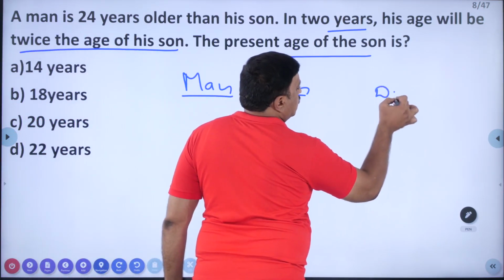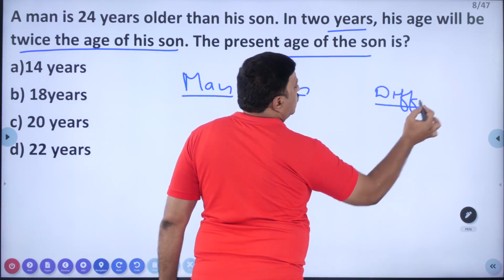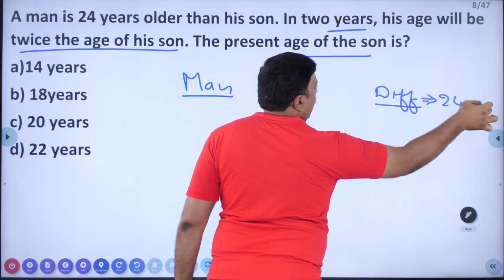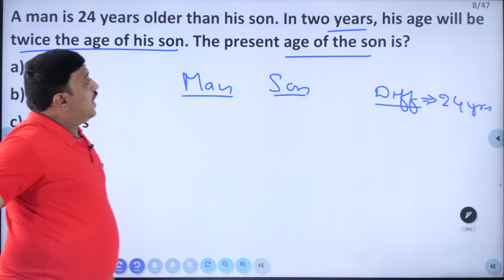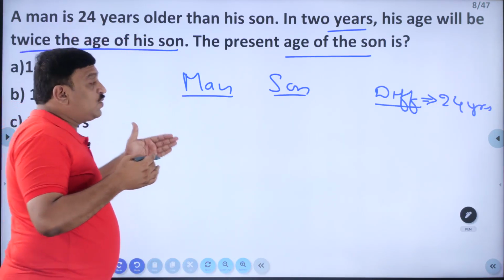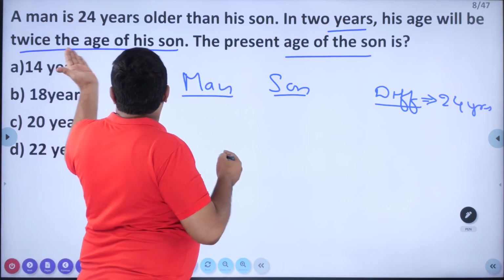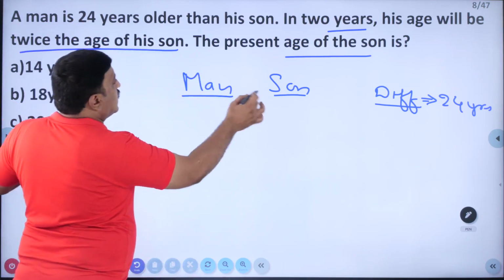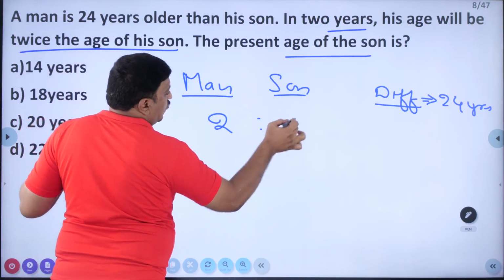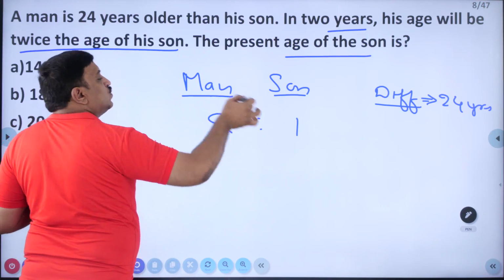So their difference is 24 years. Fine. After 2 years, the man's age will be twice the age of his son. So man and son is twice, means 2. What is the ratio? 2 is to 1.